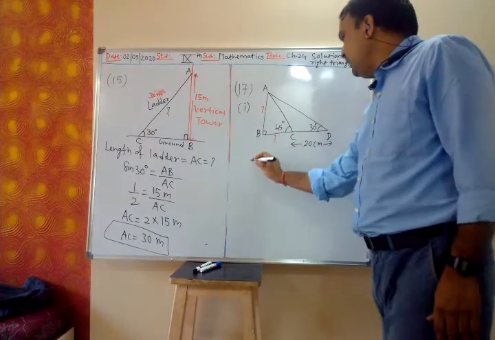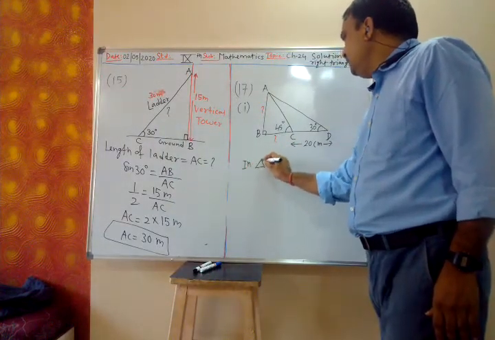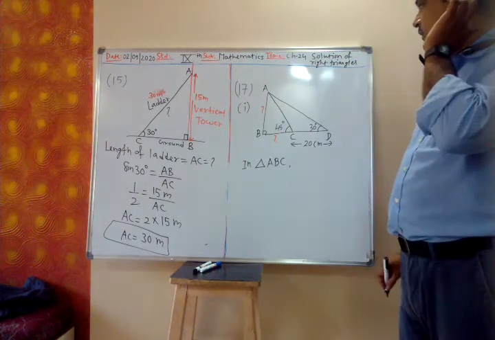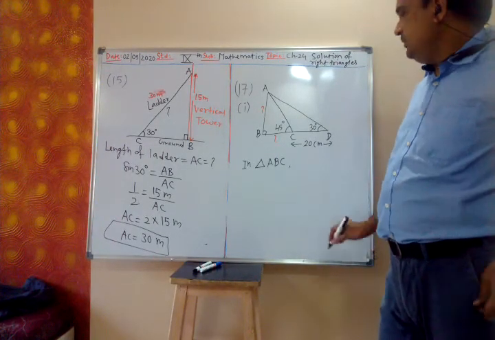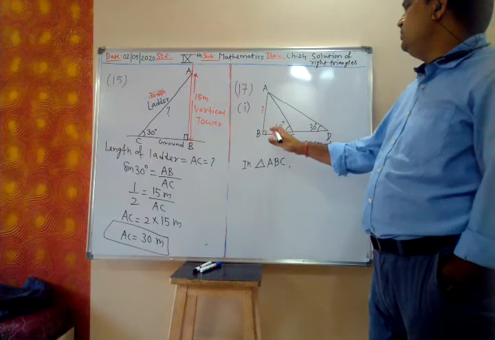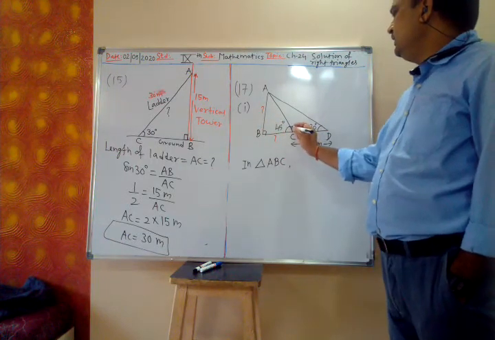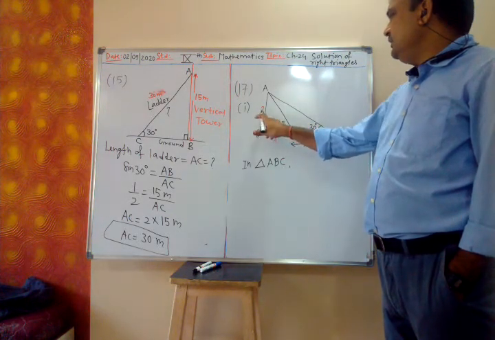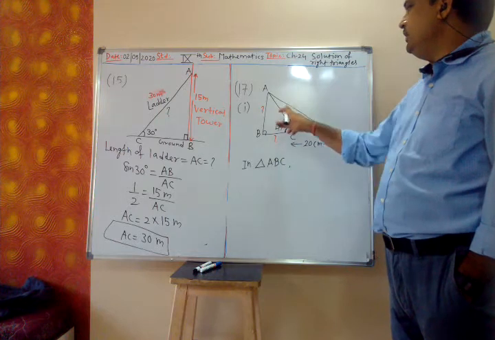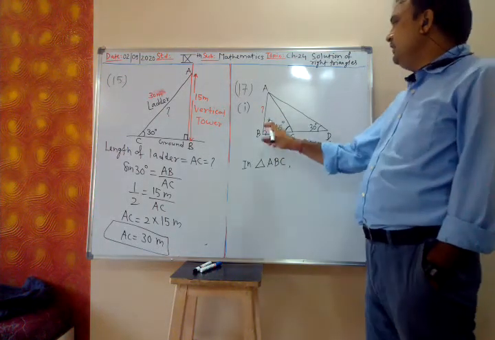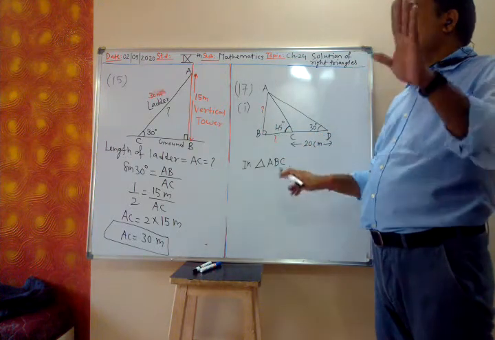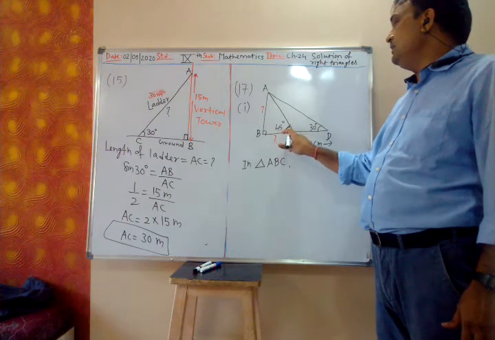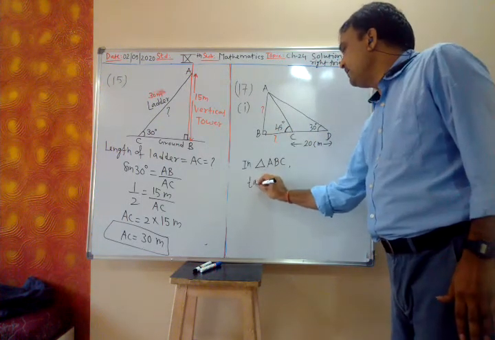Now I will consider the smaller triangle. In triangle ABC, how can you use Pythagoras? Now C is my reference angle. Neither this side is given, nor this side, nor the hypotenuse. So in triangle ABC none of the sides is given. This reference angle is given 45, so I will consider tan 45.